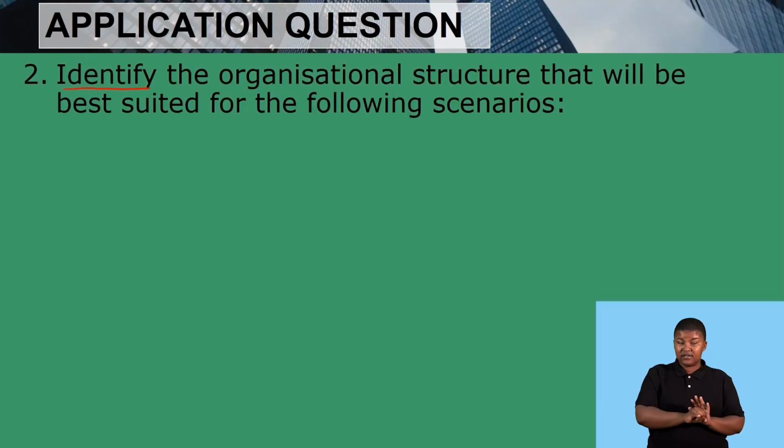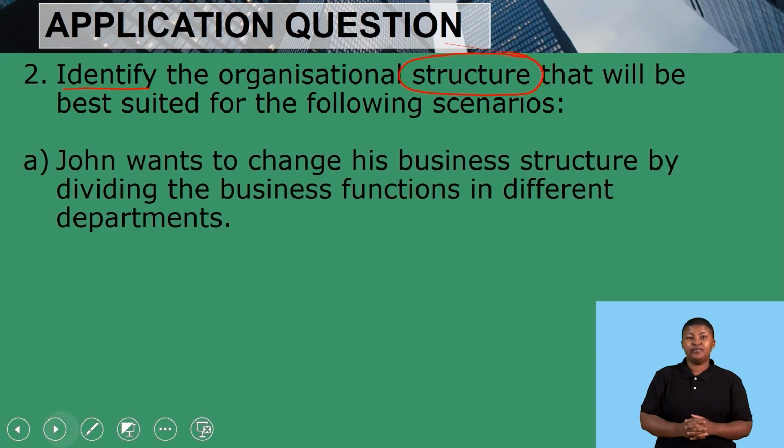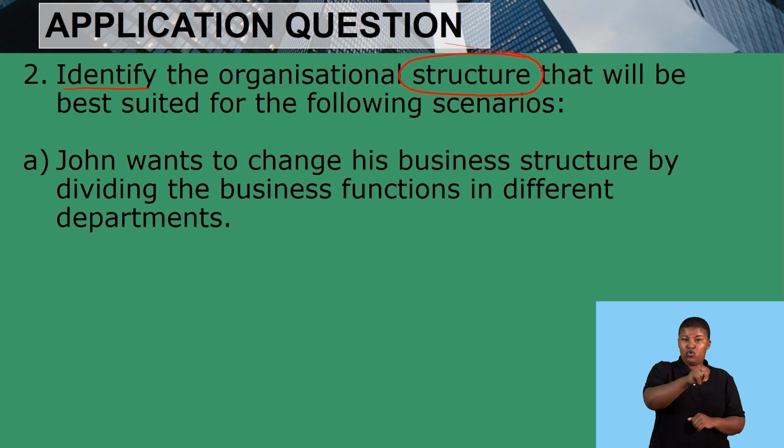Identify, now let's again look, organizational structure. Now we have to identify the structure that will be best suited for the following scenarios. A, John wants to change his business structure by dividing the business functions into different departments.